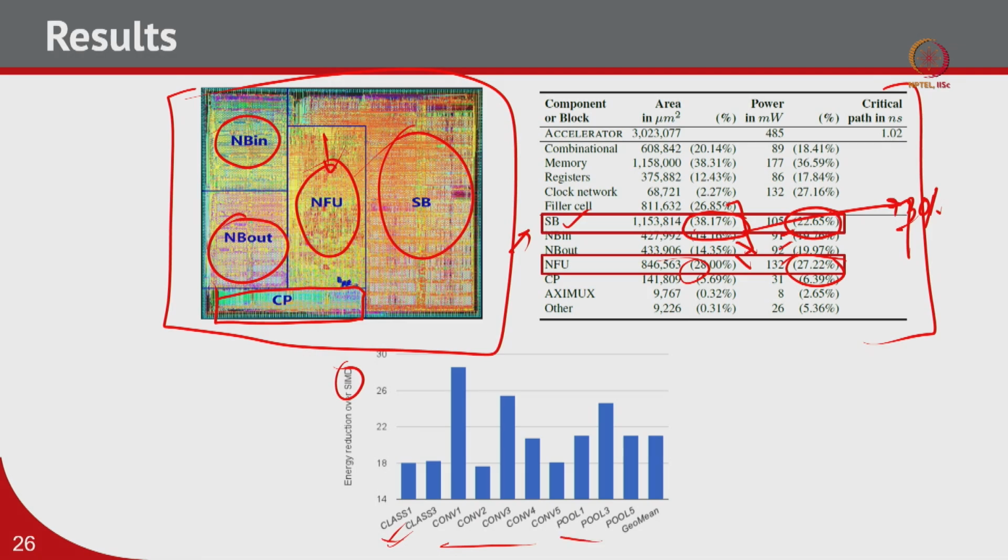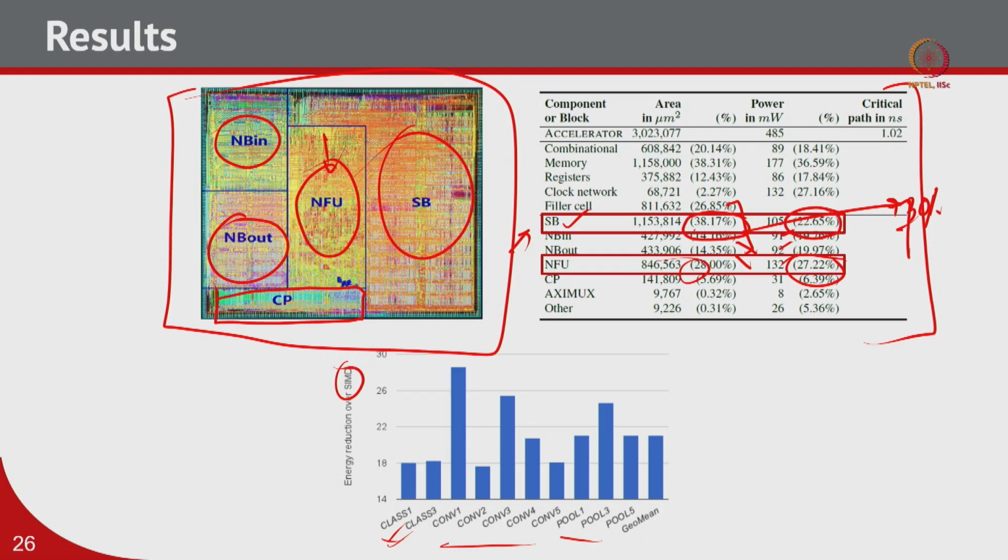Again, I am assuming that these layers are coming from the LeNet network. So, as you can see, all the layers have a very good amount of energy reduction with respect to SIMD processor or SIMD type processor, right.